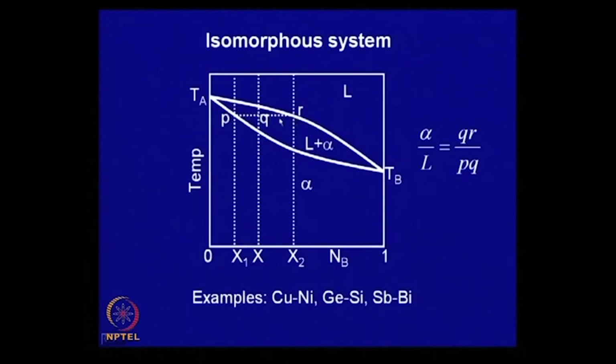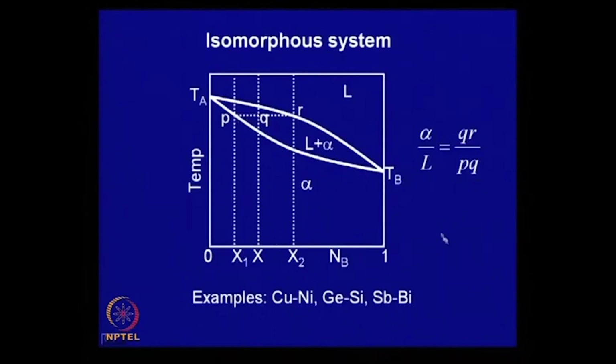Like over here, the alpha of the composition given by point P, that composition is x1, can coexist with a liquid of composition x2. Using the lever rule, you can say that the amount of alpha is proportional to qr, and the amount of liquid is proportional to pq.